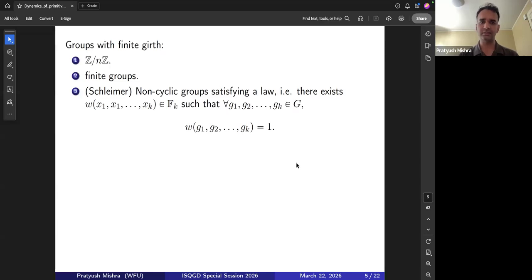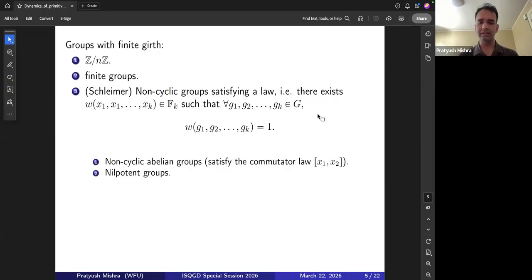By a law, I mean if you can find a non-trivial word in the free group with k generators, such that if I plug in any k elements from the group into the word, then the word evaluates to the identity. For instance, any abelian group satisfies the commutator law. Any nilpotent group, let's say of step K, satisfies a law, which I can obtain from the nilpotency class.